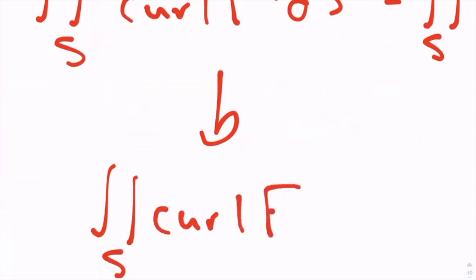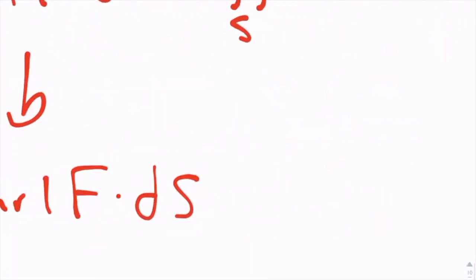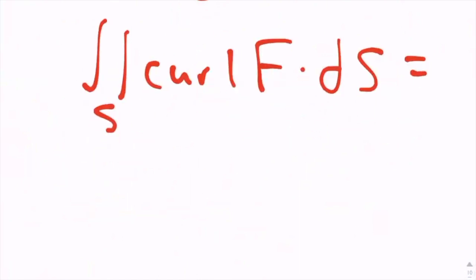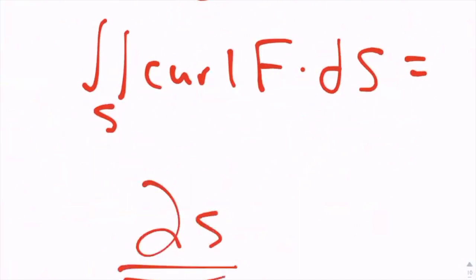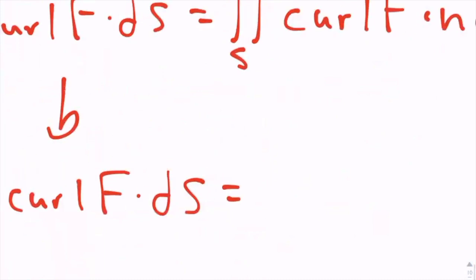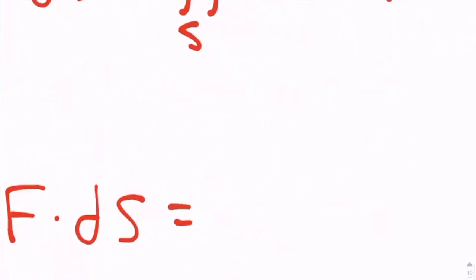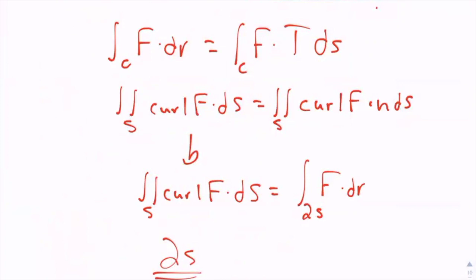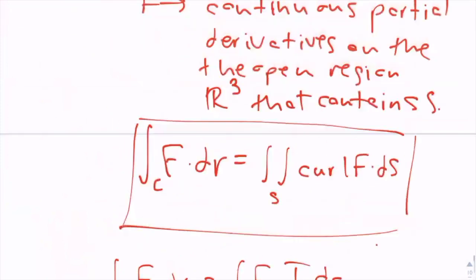We can then simplify Stokes' theorem to be the integral over del S of F dot dr. There we go. That is Stokes' theorem for us.